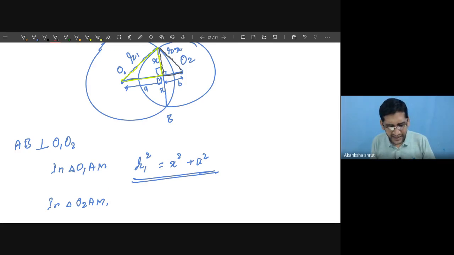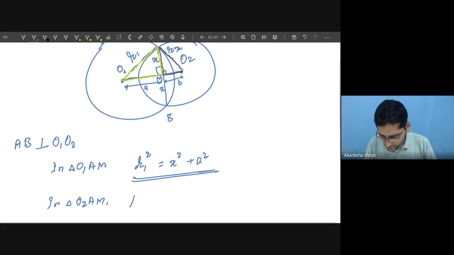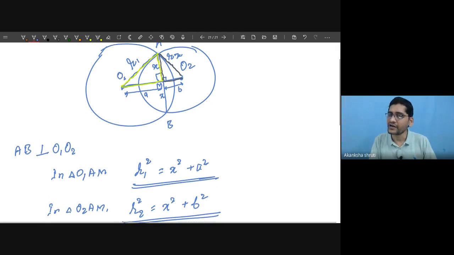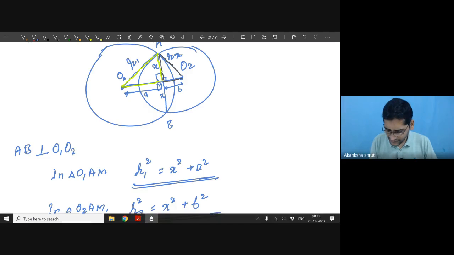So here we can write R2 square equals x square plus B square. So these will be the two relations that you have to write, and you have to find the unknown quantity. The length between O1 and O2 is given, so you may consider some part as x and you can calculate it. So please try this. It is based on this concept, you can get it.